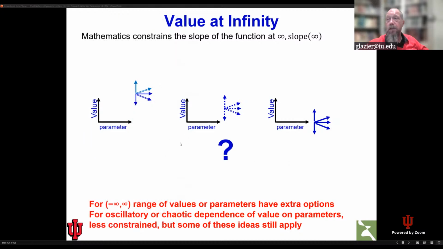And so, if we look at infinity, we can ask the question, what are the possible slopes at infinity? We could have a thing diverging positively, diverging negatively, a zero slope, positive slope, negative slope. Which of those are possible?